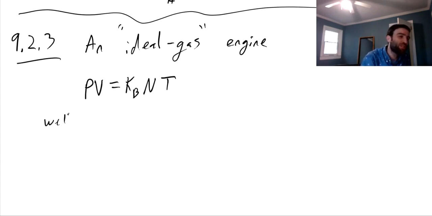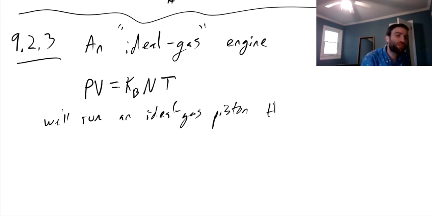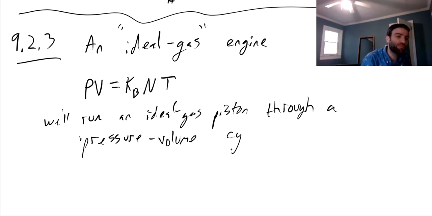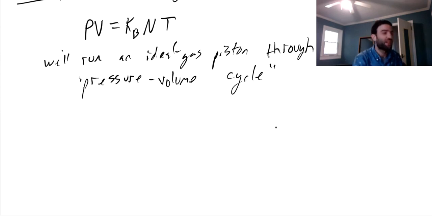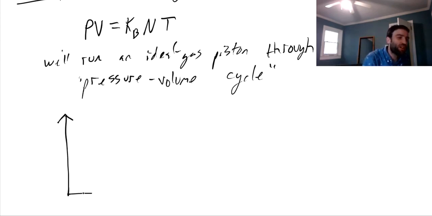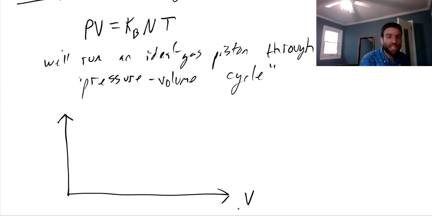So we'll run an ideal gas piston through a pressure volume cycle. Okay, so what do I mean when I say that? Let me draw a diagram where on the x-axis, I'm going to draw the volume of the piston, right?